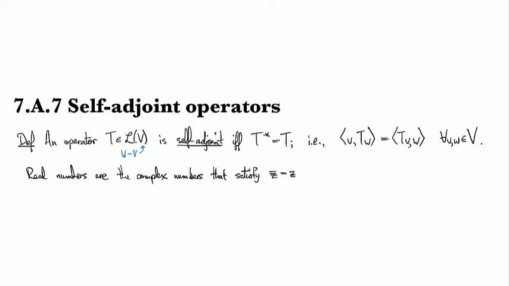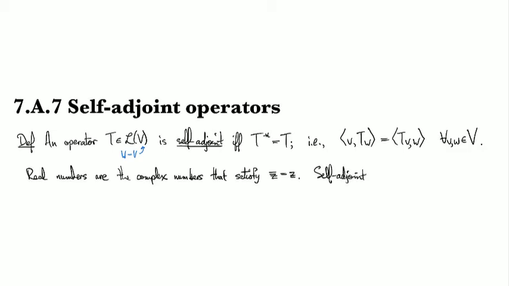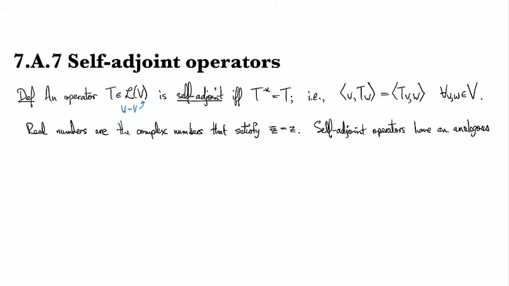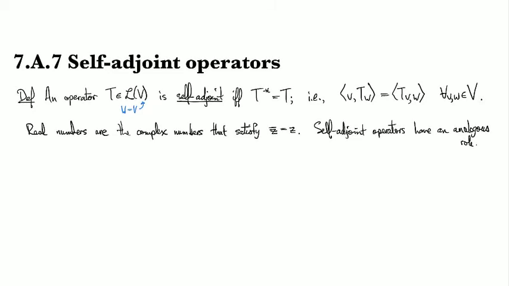They're equal to their own conjugate, right? Self-adjoint operators have an analogous role. Analogous. Oops, and then I ran out of space. Role. Sorry about that. So, in the space of operators.